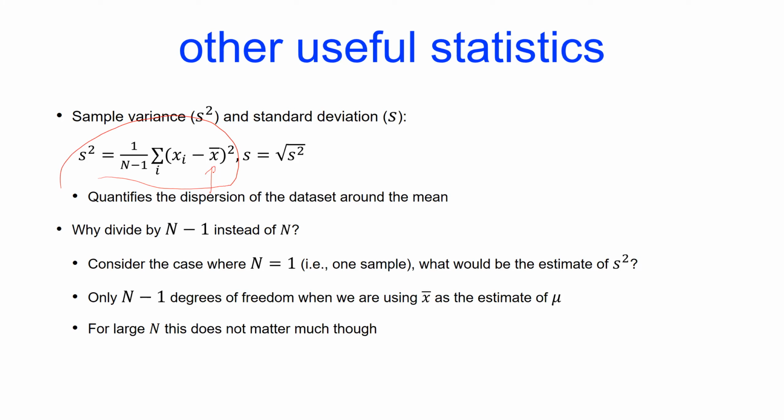Then for each observation, we see the difference between it and the sample mean, square it, sum them all, and divide by 1 over n minus 1, where n is the total number of observations in your sample, in your subgroup.